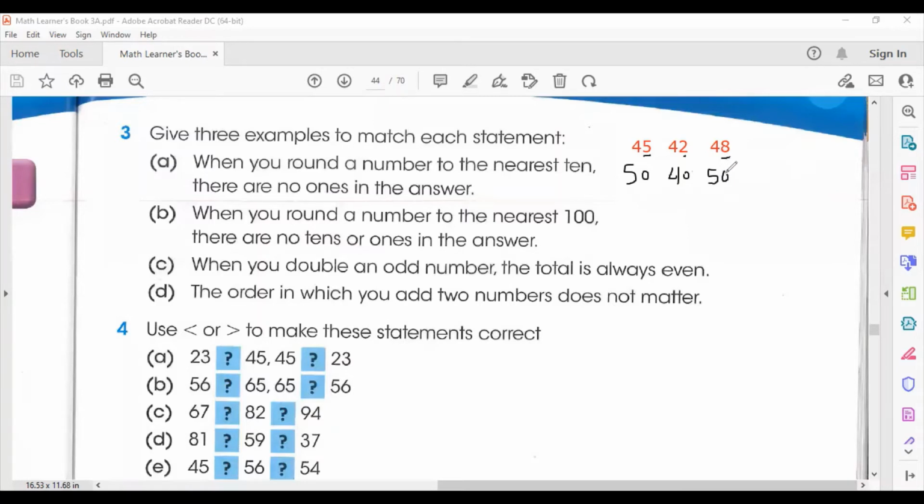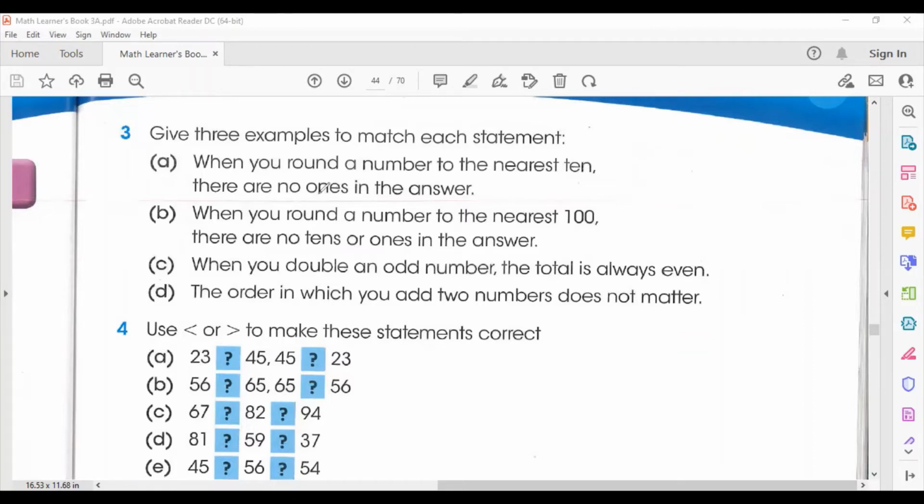So you can see in all these 3 examples, at the one's place value there is 0. So there are no ones in the answer. At the one's place value there is no number, just 0. When you round a number to the nearest 10, there are no ones. It's 0.